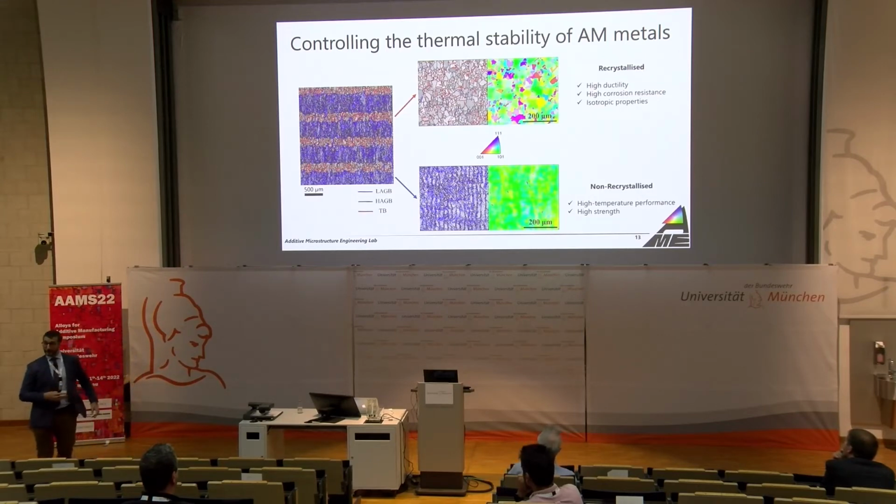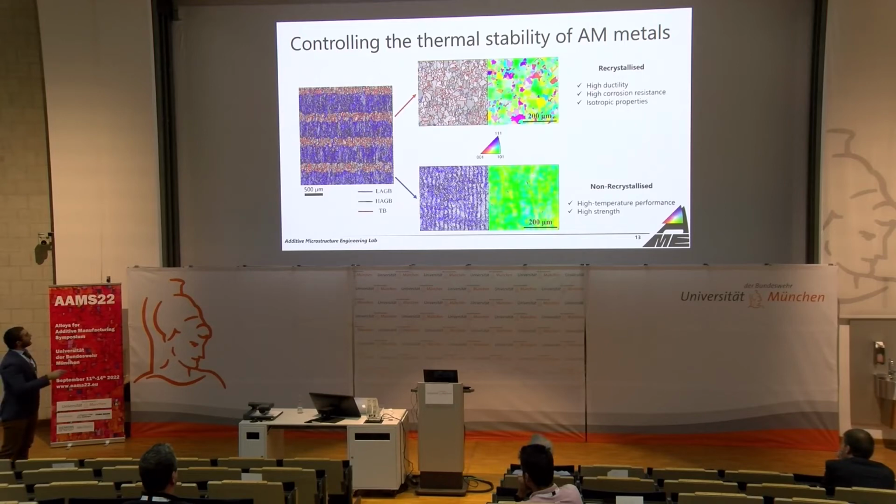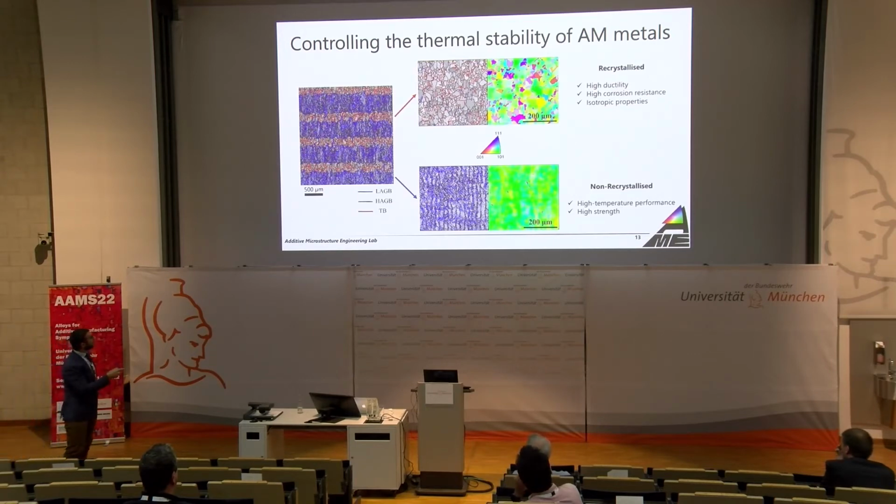This is again stainless steel. The figure you're looking at here is again an EBSD map, but showing only grain boundary character distribution. It is basically a chunk of metal that consists of two different microstructures alternating along the build direction. I apologize, I forgot to put the axis here, but this is the build direction. The red microstructure is a fully recrystallized microstructure containing a lot of coherent twin boundaries, because this is, again, austenitic stainless steel with relatively low stacking fault energy.